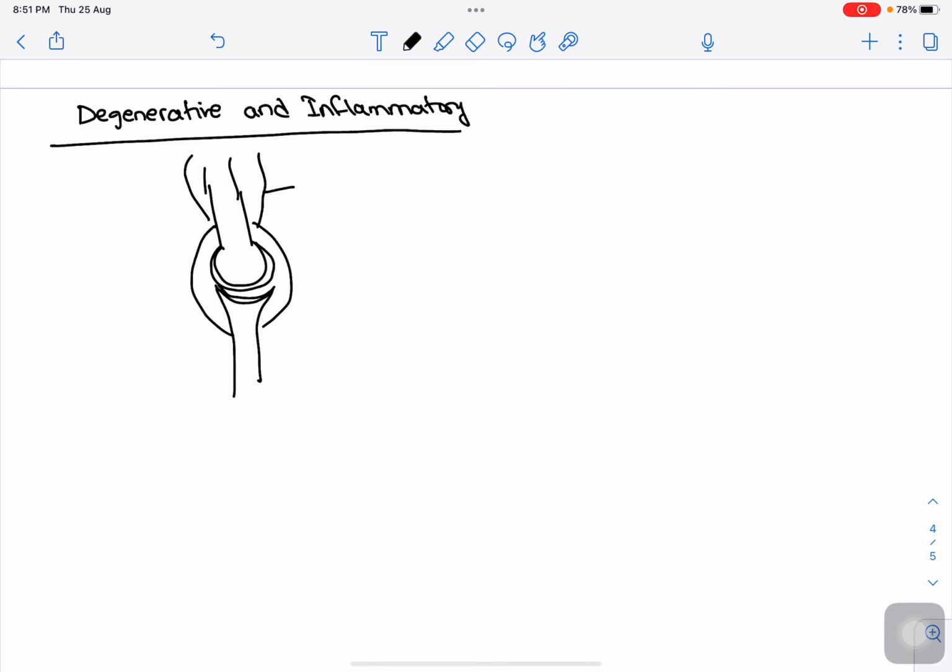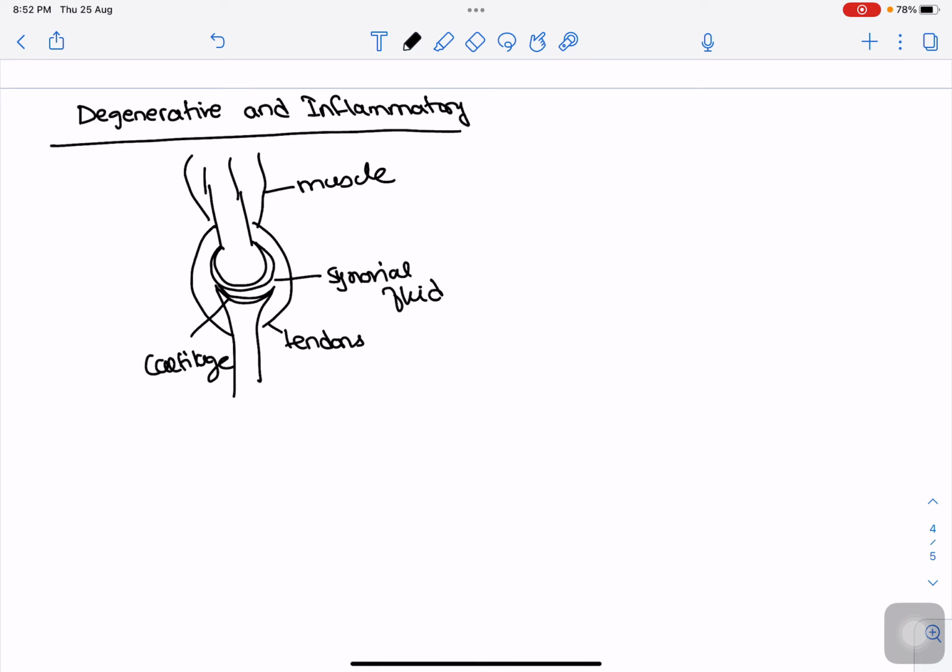Let's assume these are muscles, these are tendons, and this is the cartilage right above the bone, and between all these things is the synovial fluid. So this is basically a gross picture of a joint, the gross things that you can see on an anatomy of a joint.